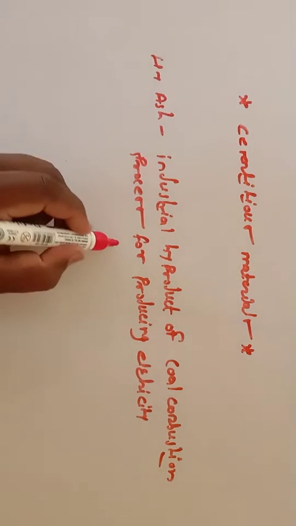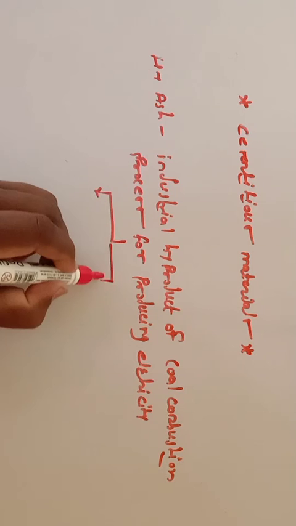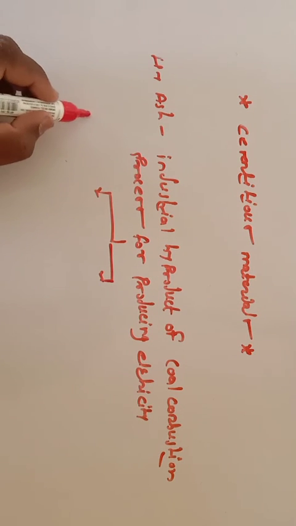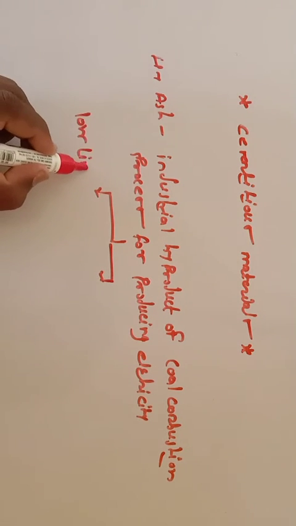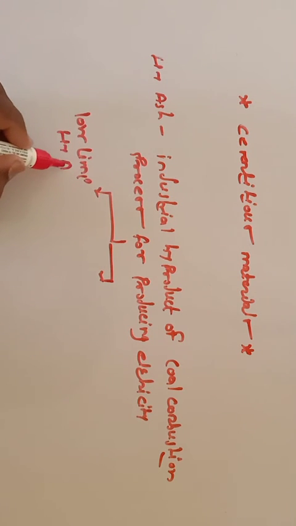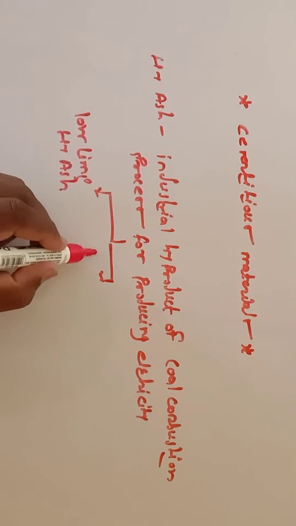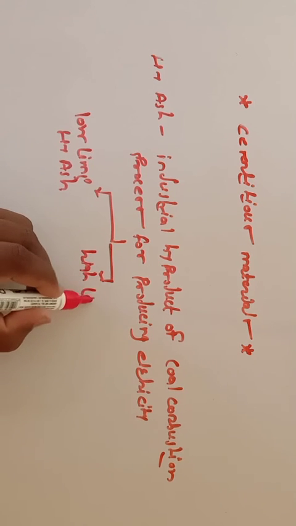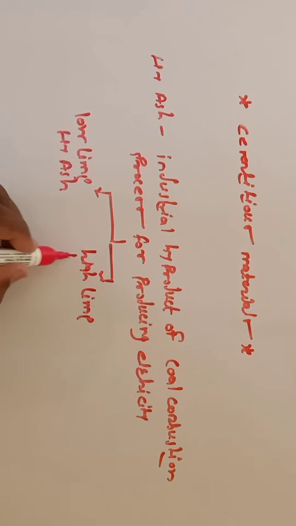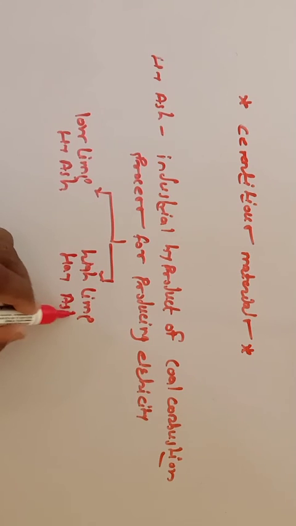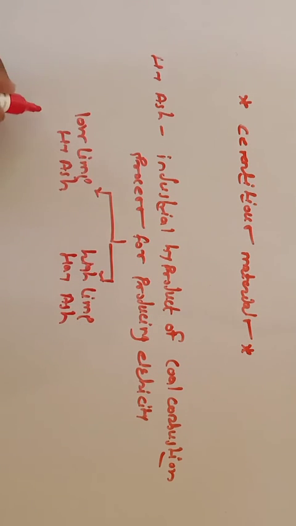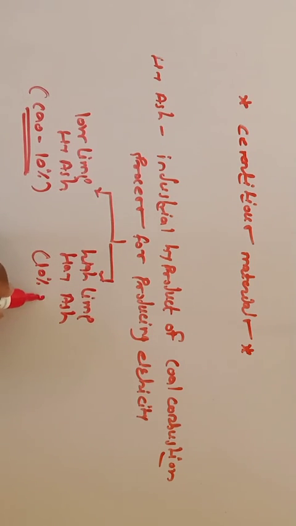This fly ash can be divided into two parts. One is low lime fly ash, another is high lime fly ash. So what is the difference? Those having less than 10% of calcium oxide are considered low lime, and those having greater than 10% of calcium oxide are considered high lime.